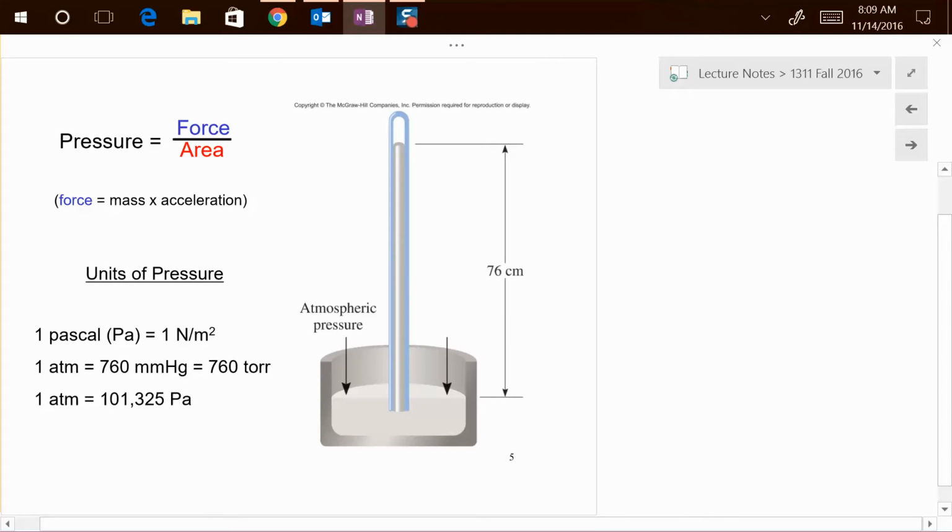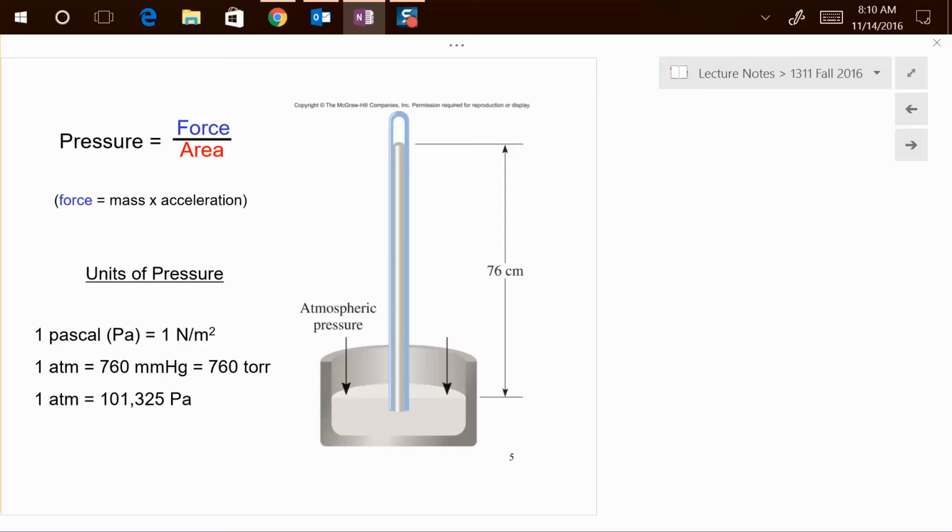So pressure is a measurement of the force being exerted on a substance. Here the force is being exerted on this liquid mercury. That force is the atmospheric pressure. This is a barometer, and the way it works is as I push down on this liquid mercury, it moves up this tube to 76 centimeters. So 76 centimeters is equivalent to 1 atmosphere of pressure, or 760 millimeters of mercury.